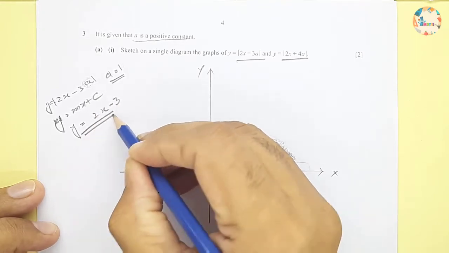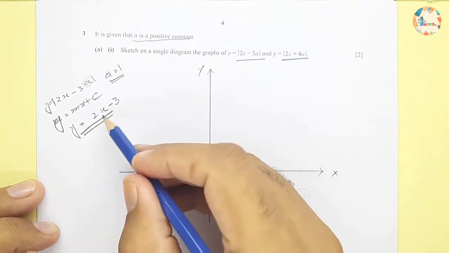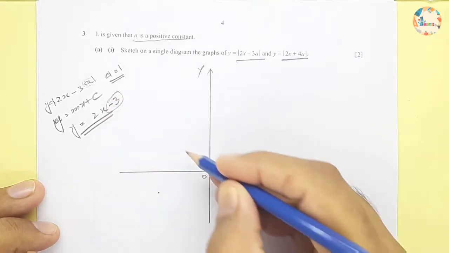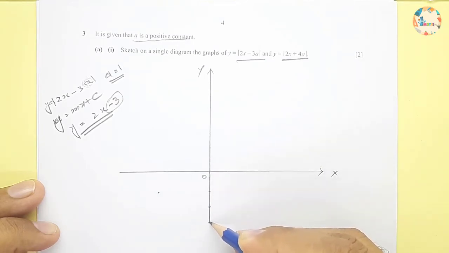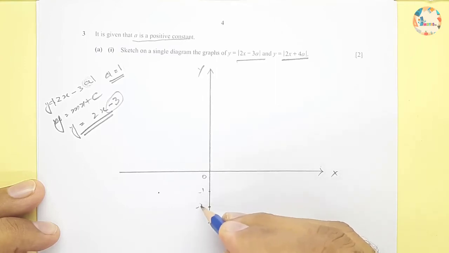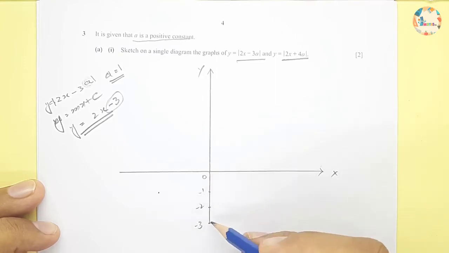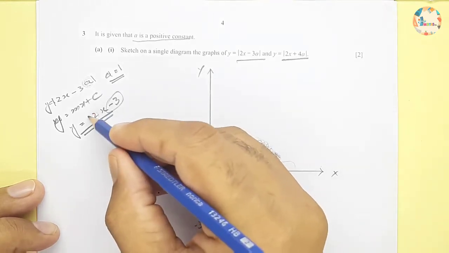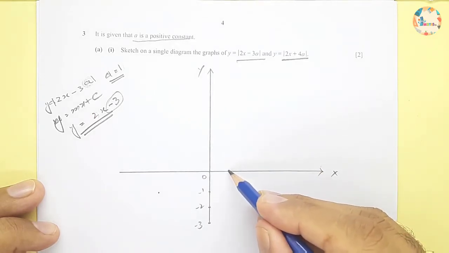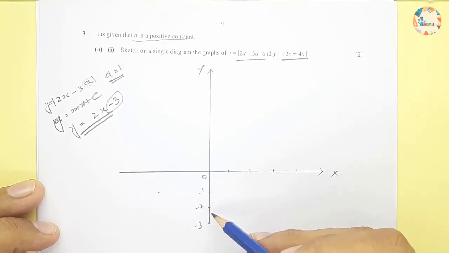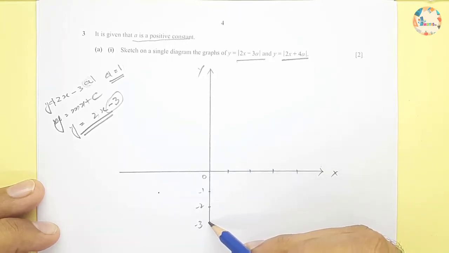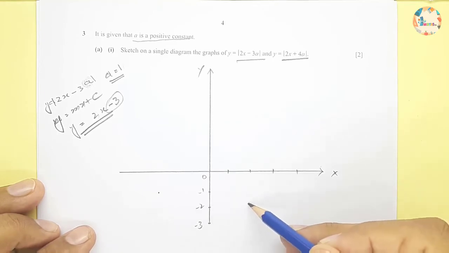Now we can draw this equation. The y-intercept is minus 3, so we mark minus 1, minus 2 and minus 3, roughly equal spacing. It passes through minus 3, and the slope is plus 2. So from here, the rise will be 2 units for 1 unit across.